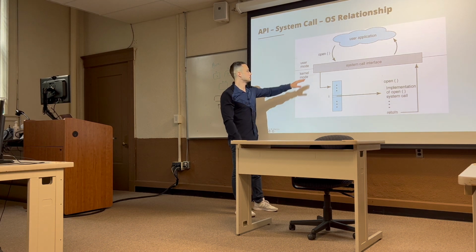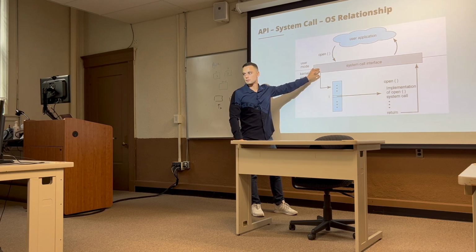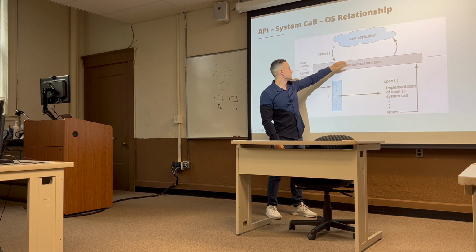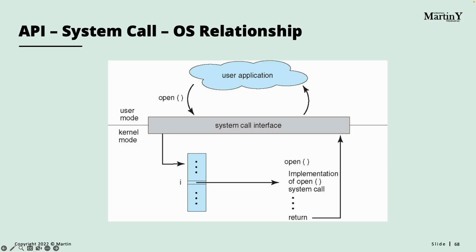So as you can see, the system call interface, which is where we implement the API, is exactly between the kernel mode and the user mode. So let's say I want to open a file, I run the open function, and then what happens? We launch the API, and then based on this name, what we want to do, we go to a table where each name has a number or an address that points to that specific function.